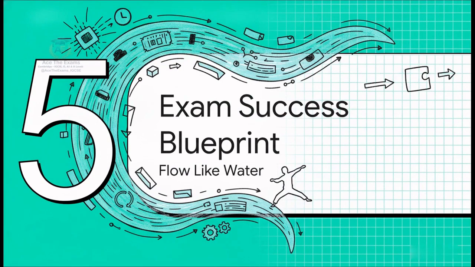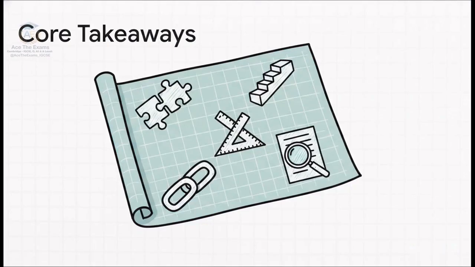Section 5, the Exam Success Blueprint. It is time to bring it all together and learn to flow like water. Here is your complete, comprehensive answering system. Rule 1. Base your answers on exact definitions and causal relationships. Rule 2. Religiously apply the 5-step procedural framework and the PEEL structure to secure your method marks.